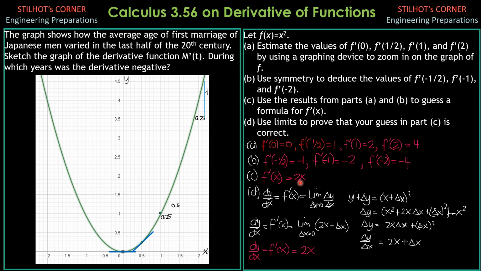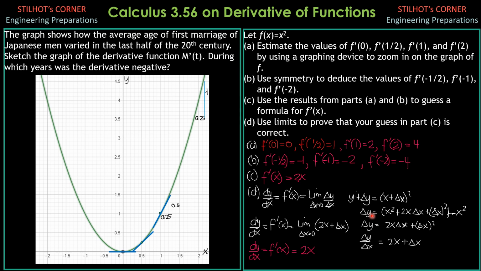Then we have dy dx. This is f prime of x, the limit of delta y over delta x as delta x approaches 0. So we write y plus delta y equals quantity x plus delta x quantity squared.